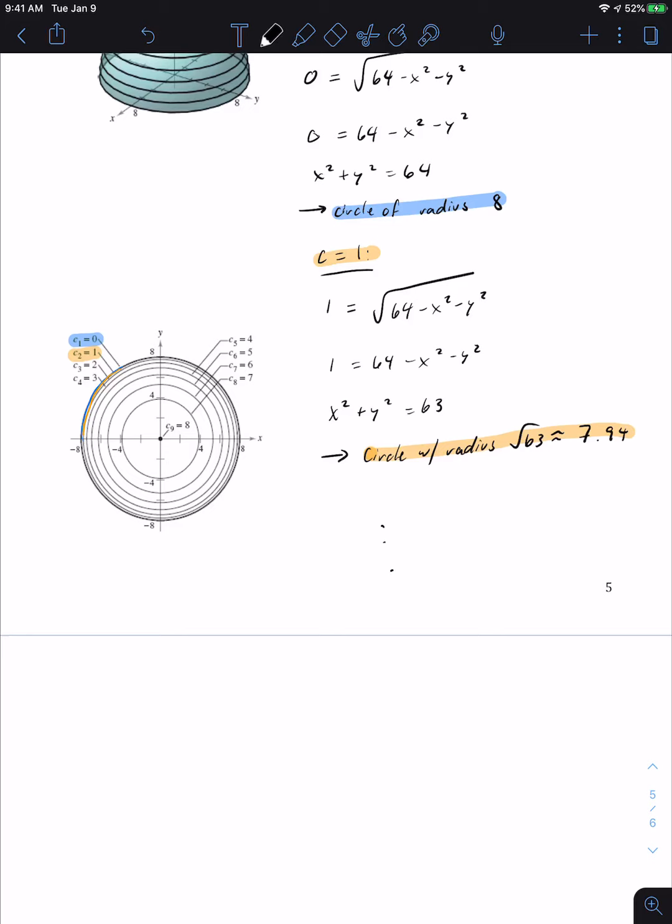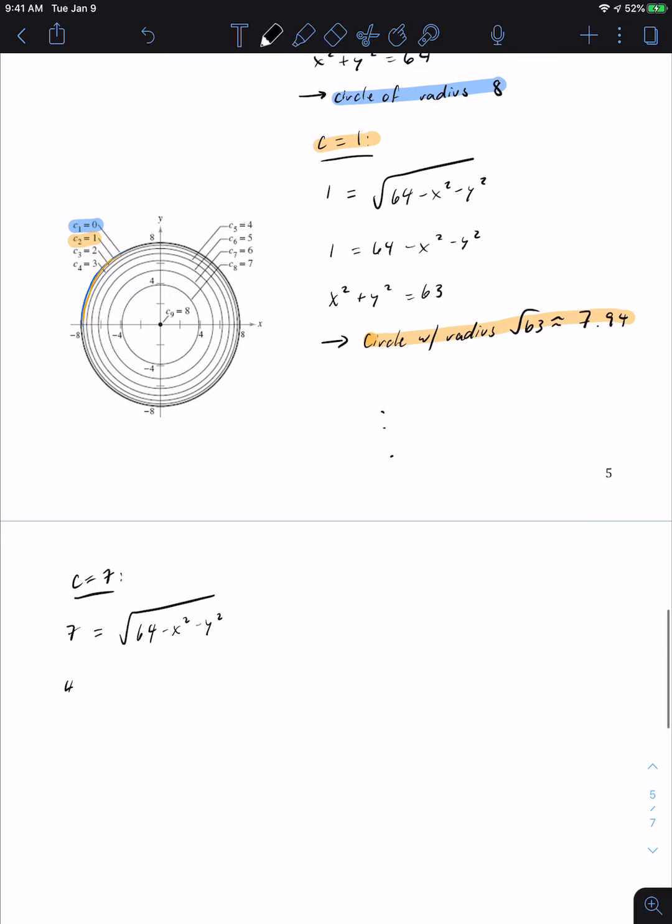Let's maybe do c equals 7. So c equals 7, we want 7 is equal to the square root of 64 minus x squared minus y squared. So I get 49 is equal to 64 minus x squared minus y squared. So I get x squared plus y squared is equal to 64 minus 49, which is equal to 15.